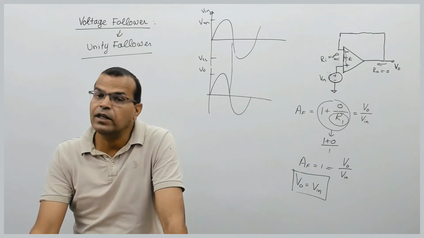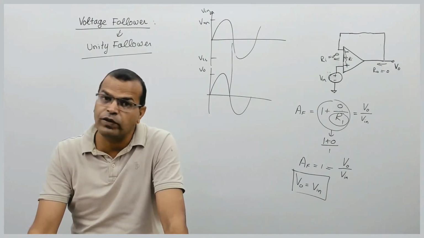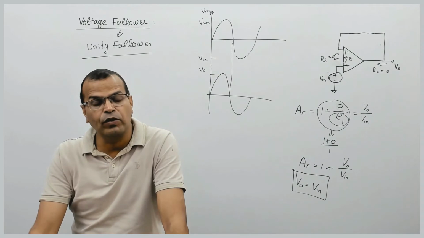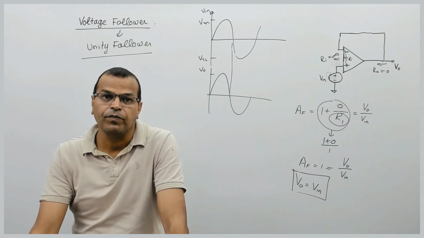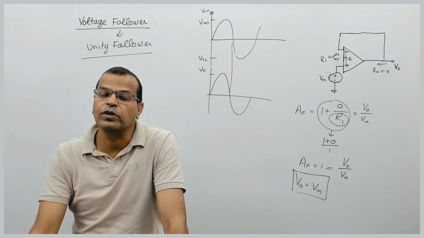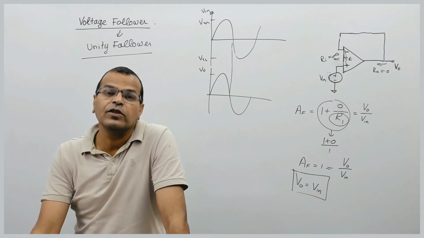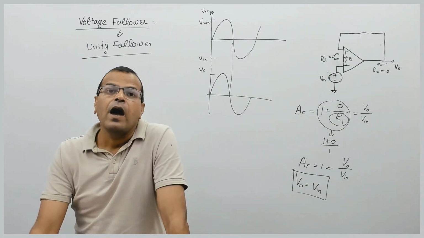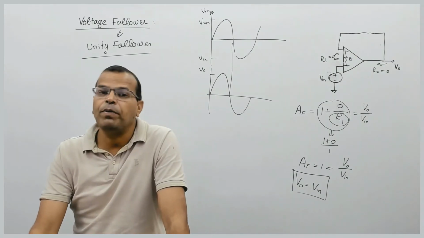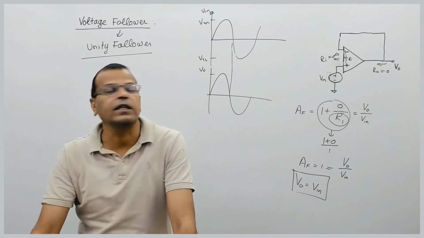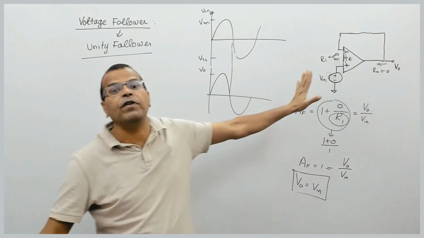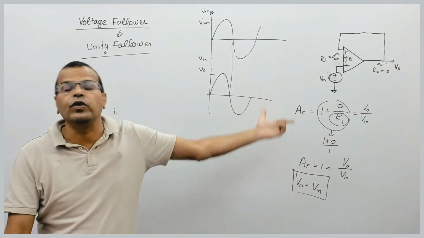In digital circuits, the voltage level is always the same, one level, logical one, maybe plus 5 volt, maybe 12 volt. So buffer amplifiers have applications in digital circuits.